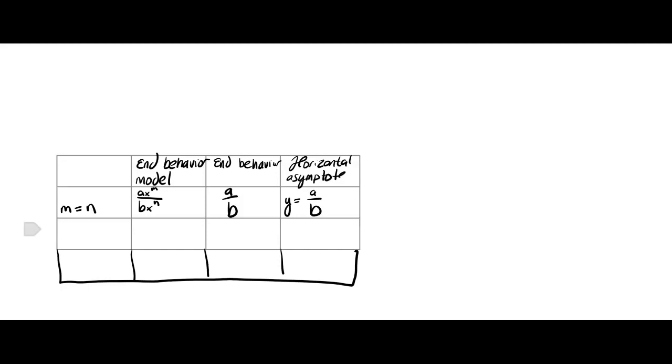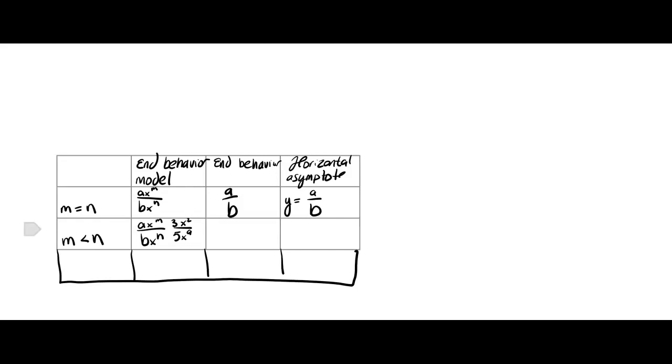Alright, for the next one, my end behavior model is going to be the same thing: a times x to the m over b times x to the n. But this time I want to take a look at what if m is less than n. So what's going to end up happening is that n is bigger, so that would be like 3x to the 2nd over 5x to the 9th.